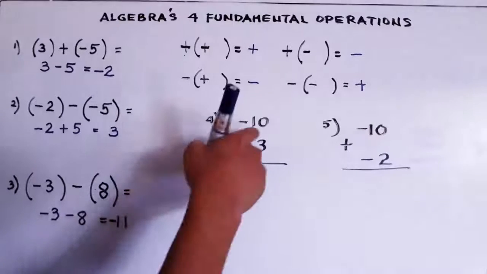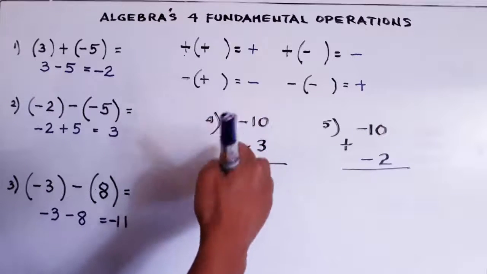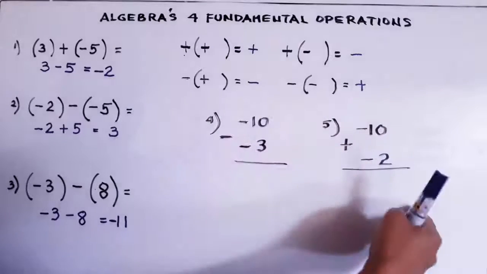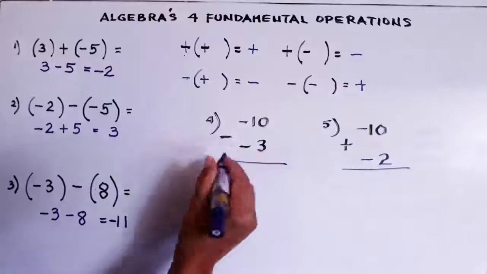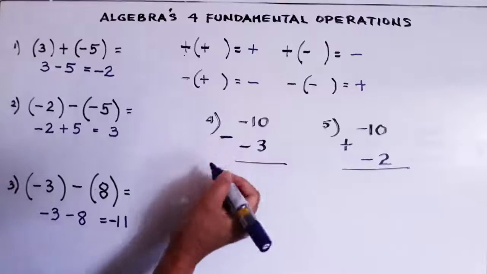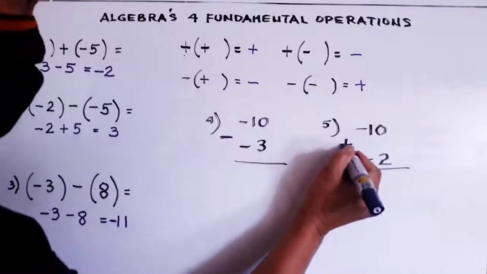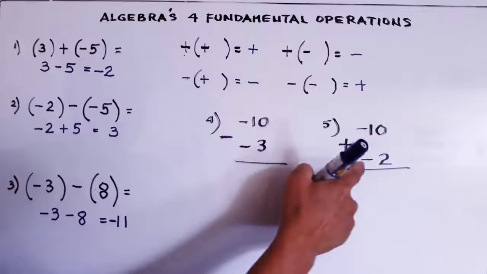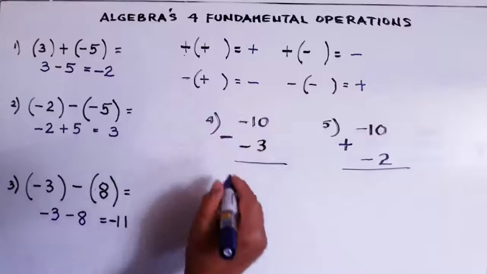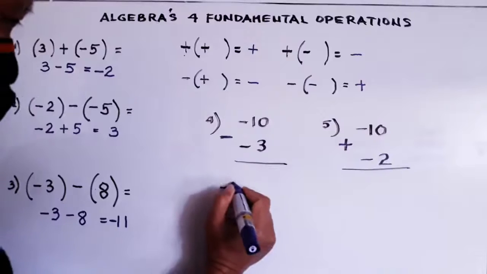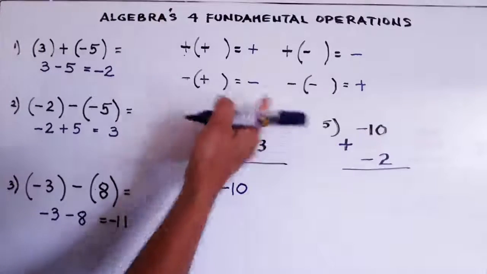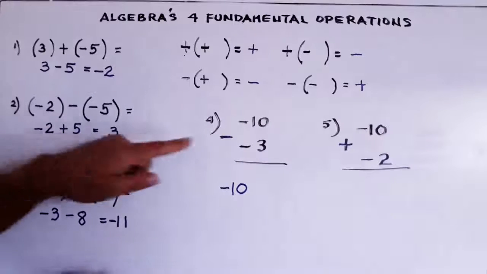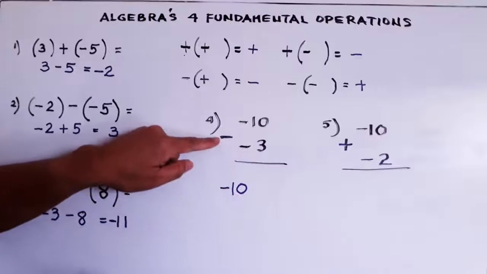Okay, how about addition or subtraction in vertical form like this? In the vertical form, this is the boss, and this one is the slave. Negative 10, still negative 10. You don't do anything with the sign of the upper part. So what about this one? This one is a negative.